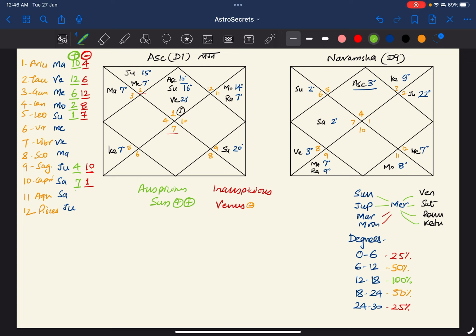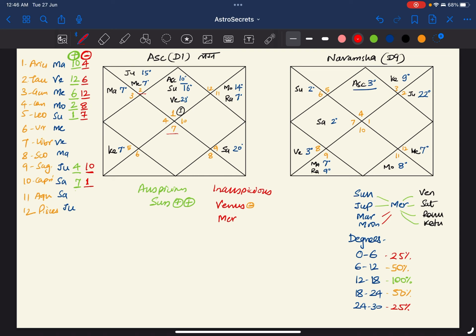If we take a look at the planetary affiliations, Venus is on good terms with Mercury, but not so good terms with Jupiter, right? So here Mercury may be considered in the inauspicious category because it is a friend to Venus.